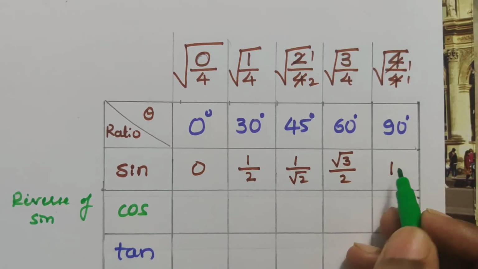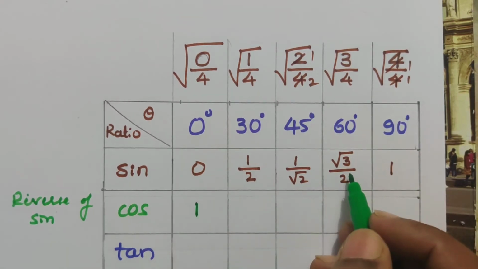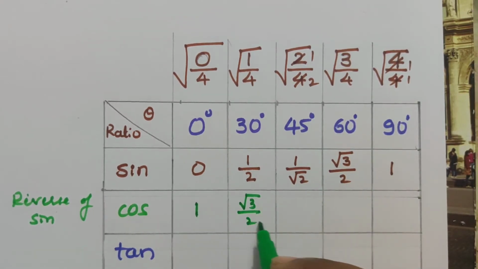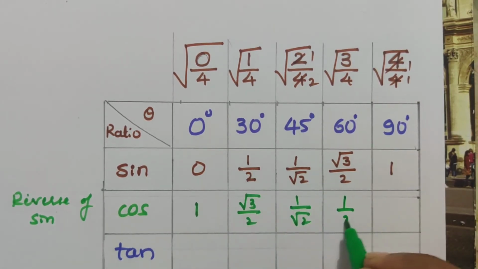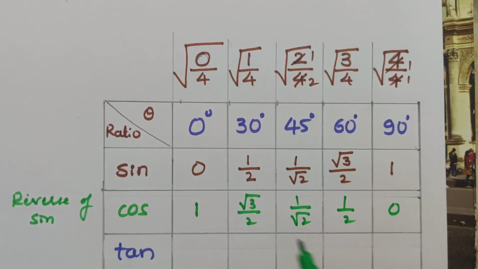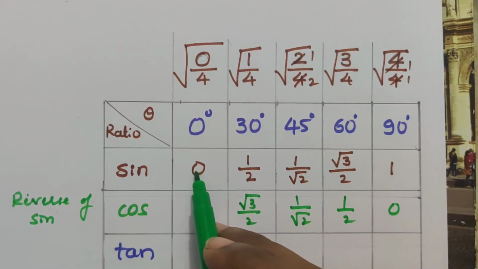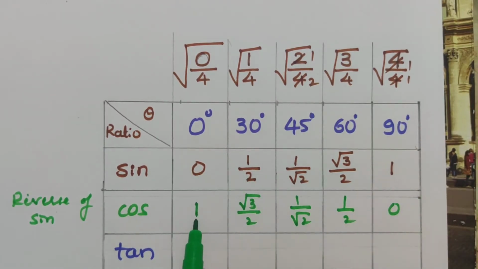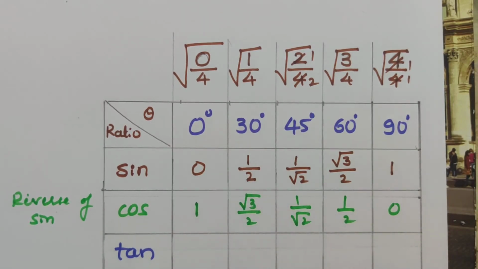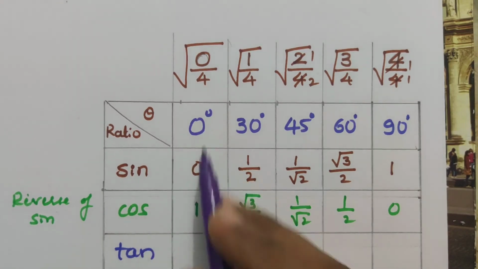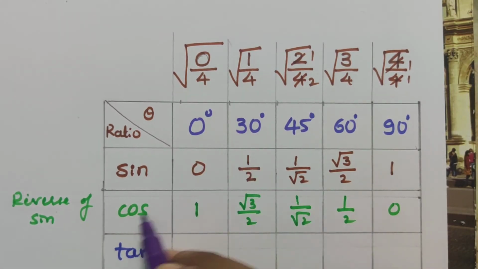That means that value comes here, then this will come root 3 by 2, and then the middle one will remain here itself, and this will come here, and then 0 it will end. You understand? Sine ratio starts from 0 to 1, cos ratio starts from 1 to 0. The same row is just written in reverse. Okay, so cos 0 is 1, cos 30 is this, cos 45 is this, like this.